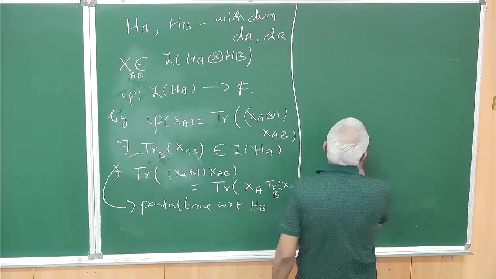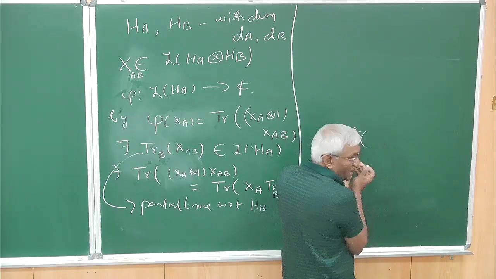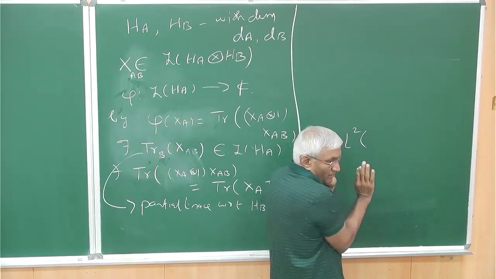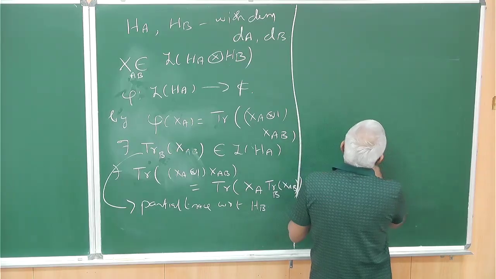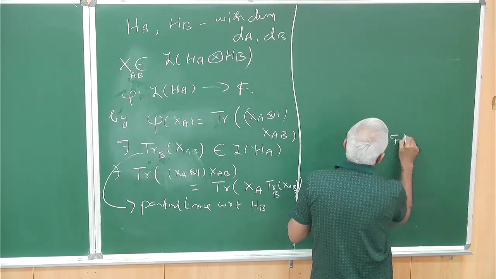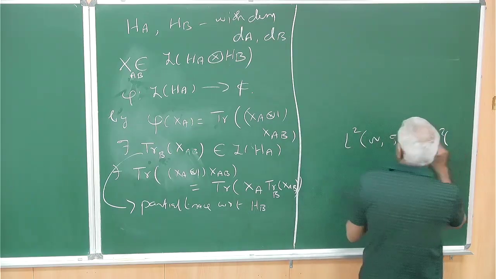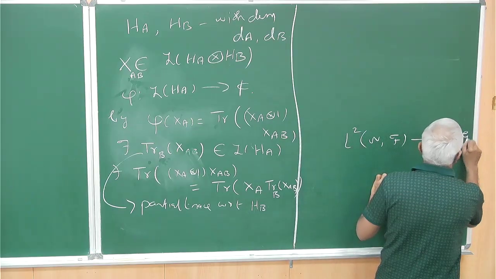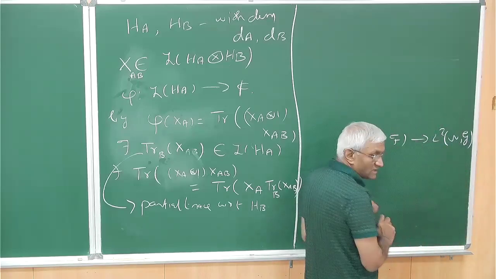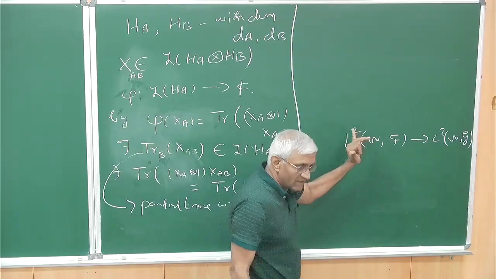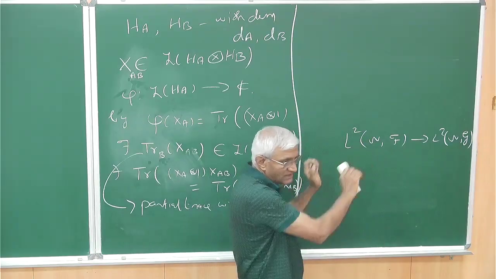Conditional expectation is defined for non-L2 functions also, but if you take an L2 function with respect to some sigma algebra on omega, and a sub-sigma algebra of this, then the conditional expectation will be a projection from here to here. This can be generalized to any measurable function satisfying some condition.